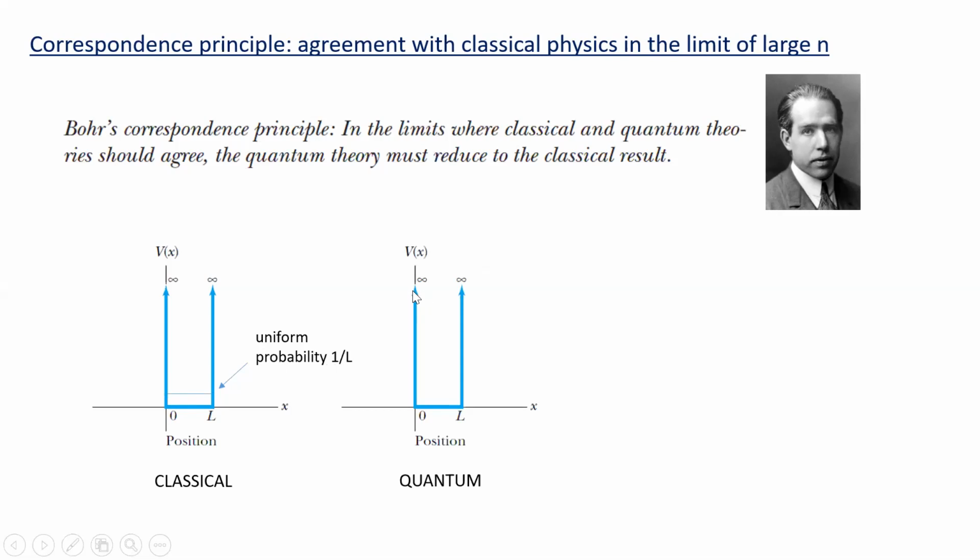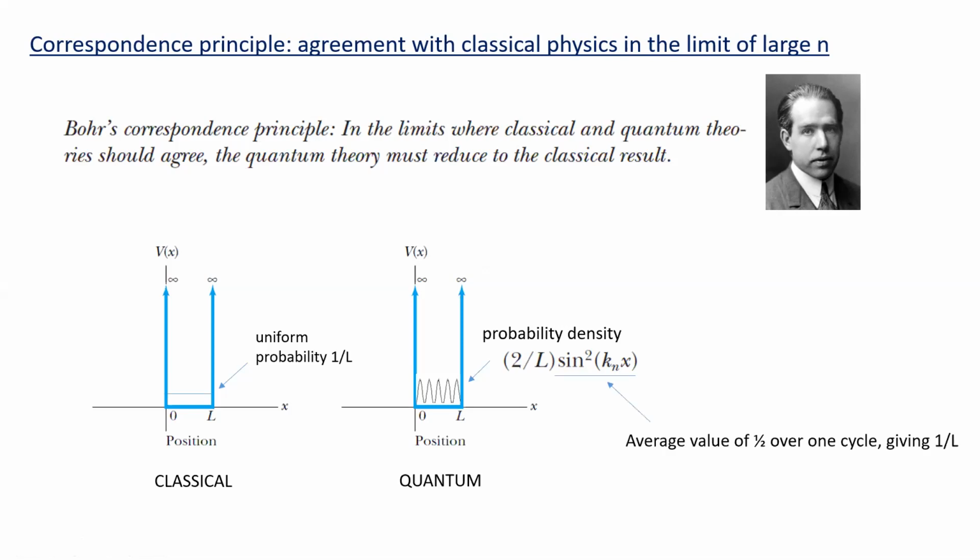Quantum mechanically, as we've just looked at, we know that the probability density is the wave function squared, which is 2/L times sin²(kₙx), because the normalization constant was the square root of 2/L.